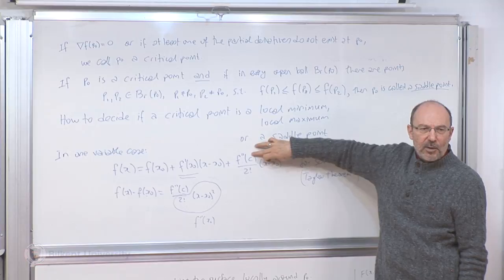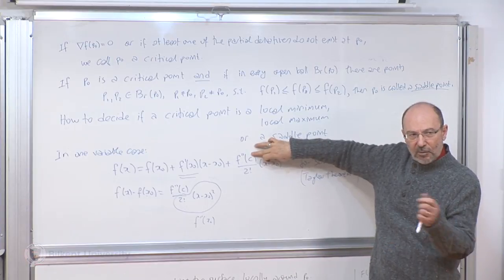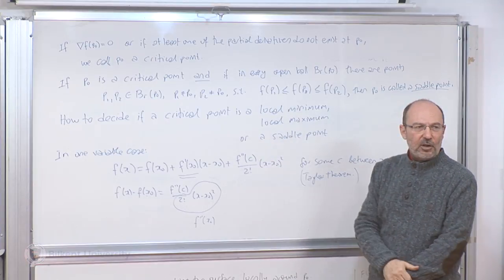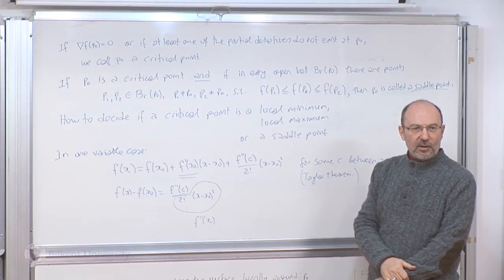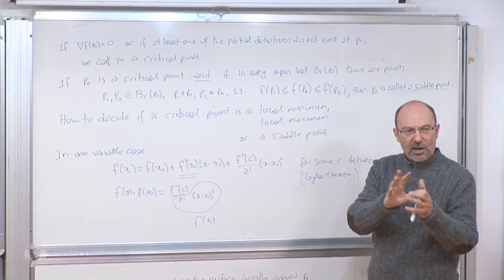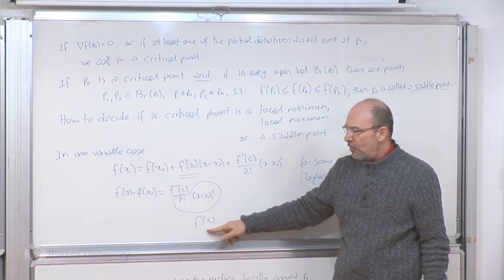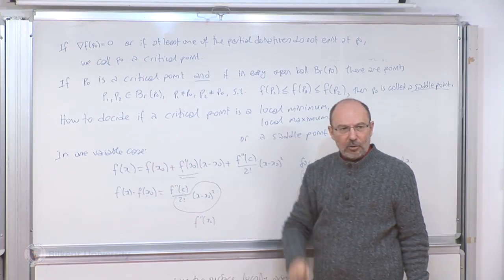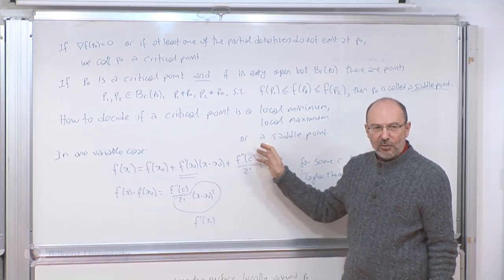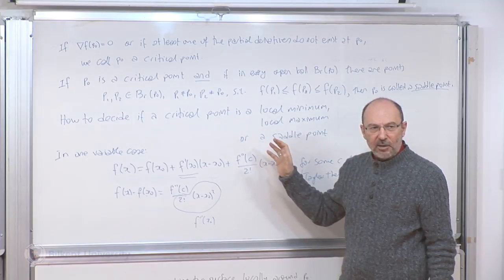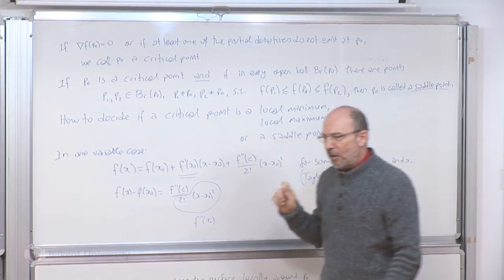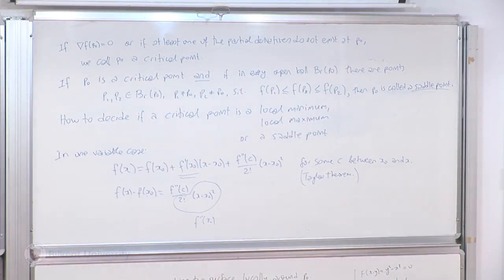So the derivative with respect to x and y is the same as y and x. So we have 3 second derivatives, and somehow from them we get a criterion just like the positivity of this thing. When this is positive, it's a local minimum. So the expression we have there will tell us whether this is a local minimum or maximum. So that's what I'm going to write now.